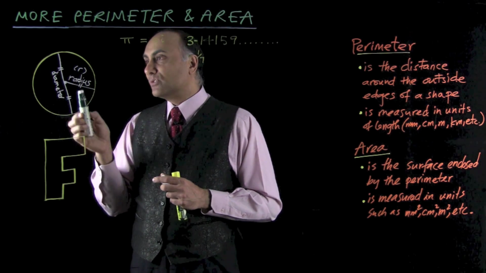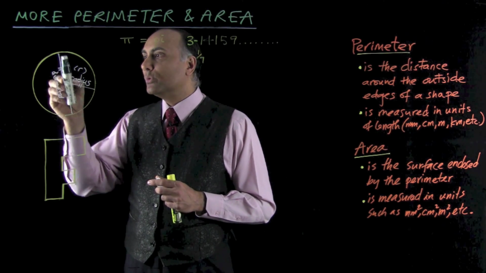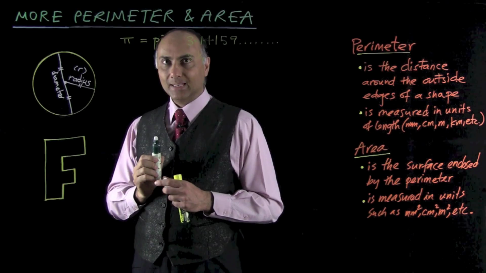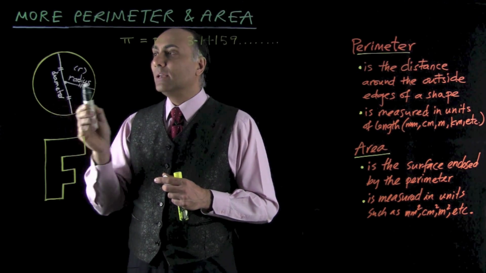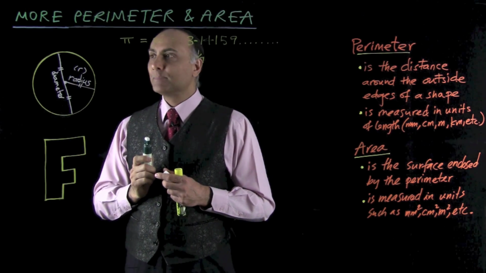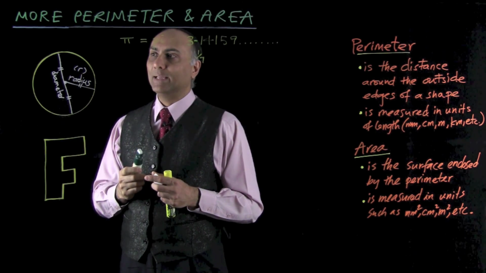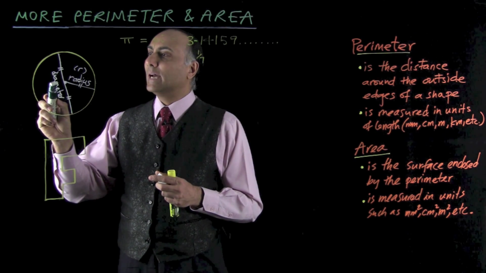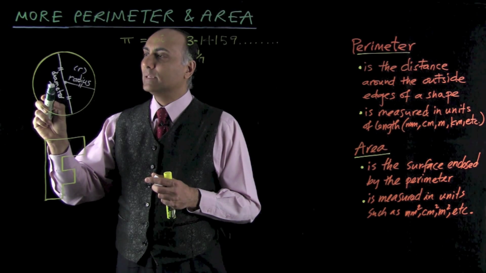So from that reasoning, you can see that the diameter is simply 2 radii, end to end. So in fact, for any circle, the diameter is twice as long as the radius. So if you're given one, you can always work out the other very simply. For the diameter, I'll call it D, capital D.